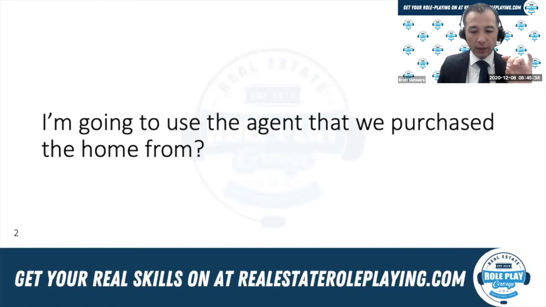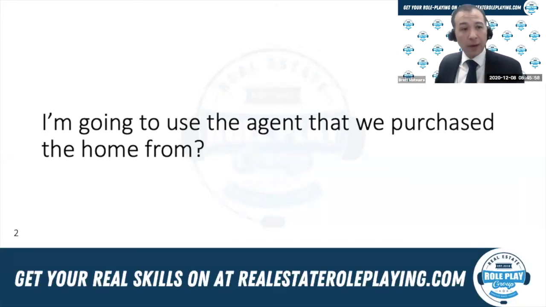First of all, I said the softener, while most homeowners want to work with someone who they know and trust. Okay. So I turned that around from they're going to use the same agent. I'm like, look, I totally get it. Most people want to work with people who they already know and trust. However, they also want to work with people who have the market knowledge and the experience and the proven track record to help them get the most money in the quickest amount of time.